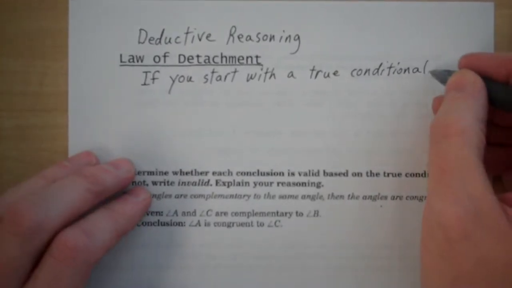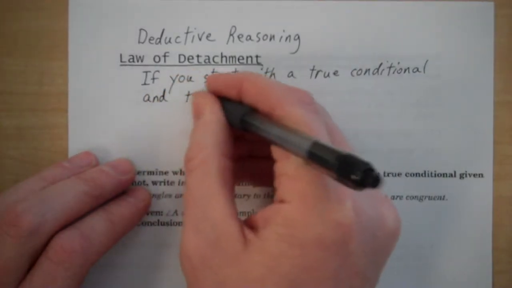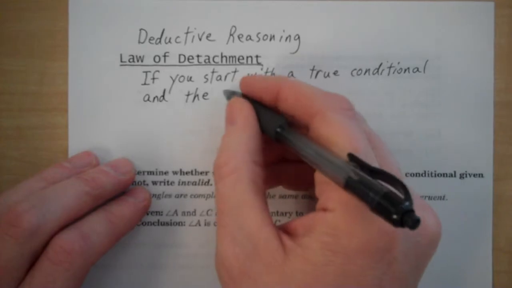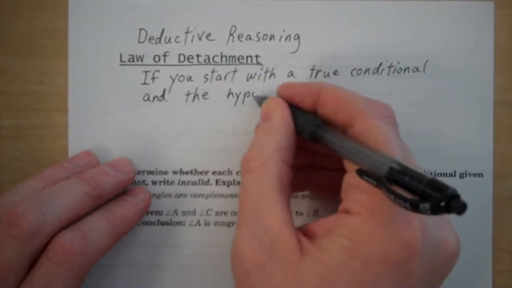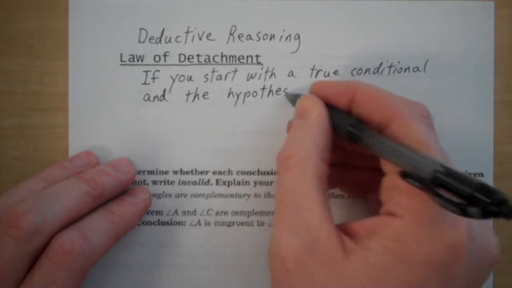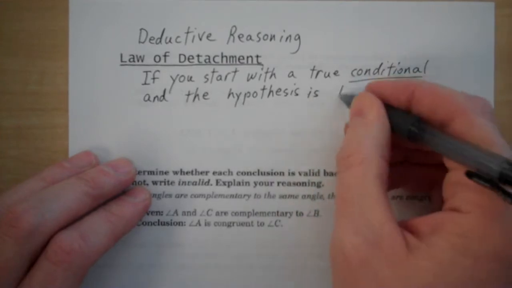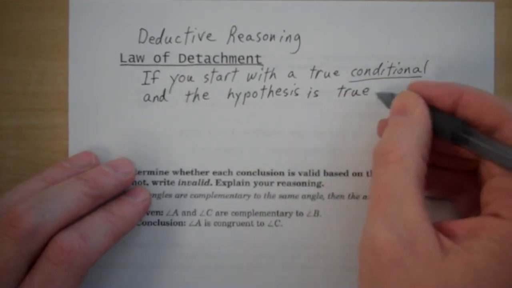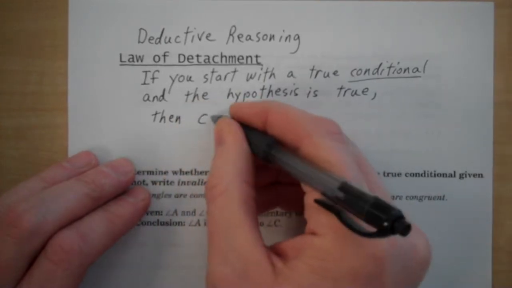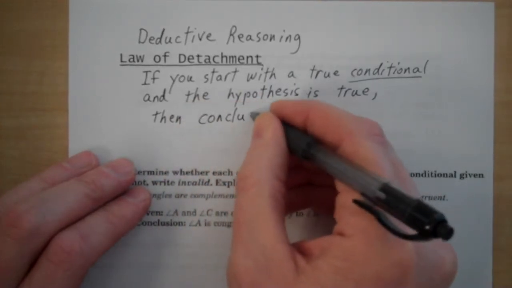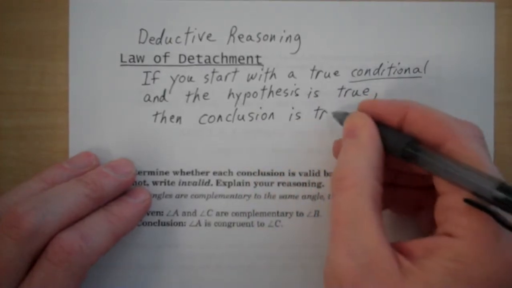If you start with a true conditional and you look at a different situation, and the hypothesis of the conditional applies and is true, then you can conclude that the conclusion is true. It is safe to say that the conclusion is true.